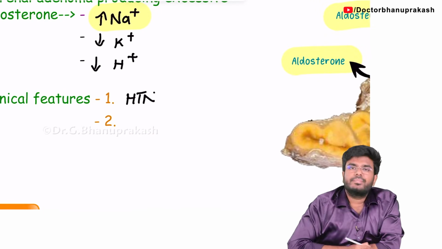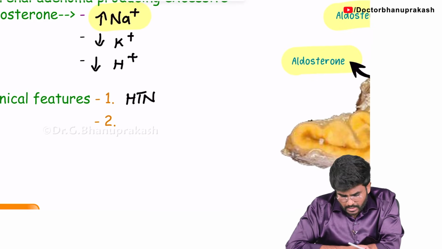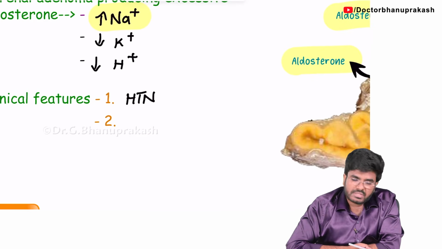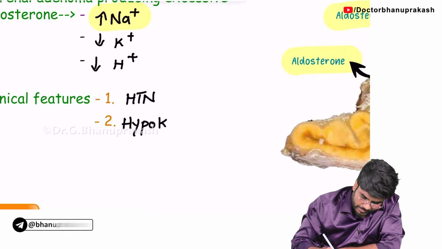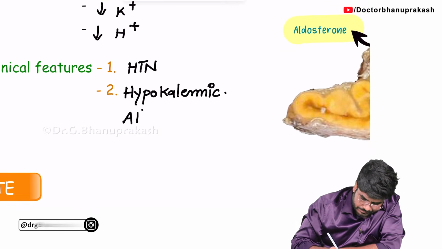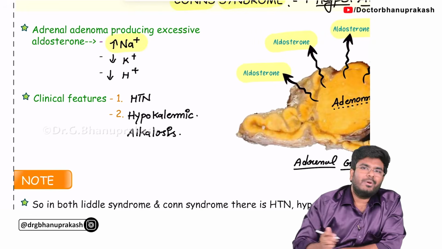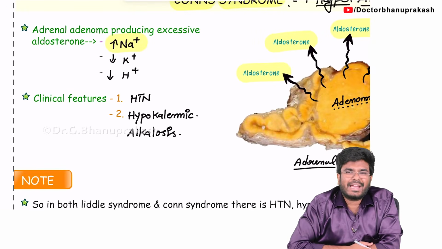There will be more BP, hypertension. What happens to the potassium and protons? Decreasing. So there will be hypokalemic metabolic alkalosis.